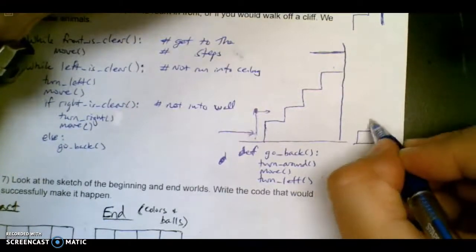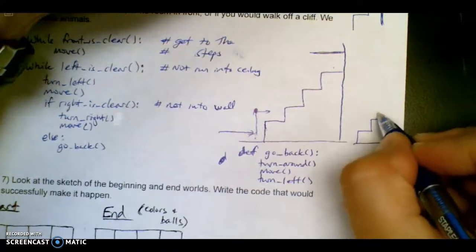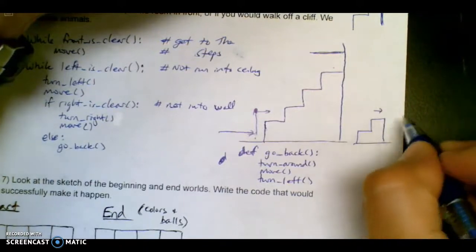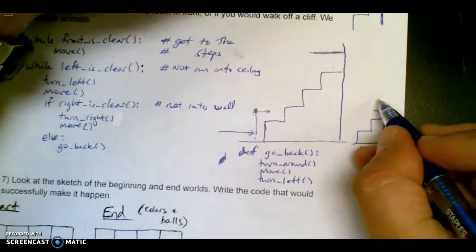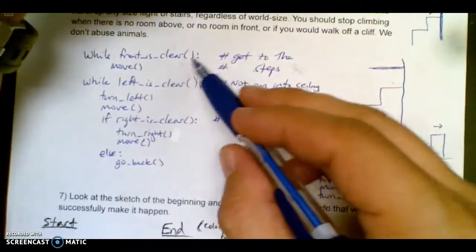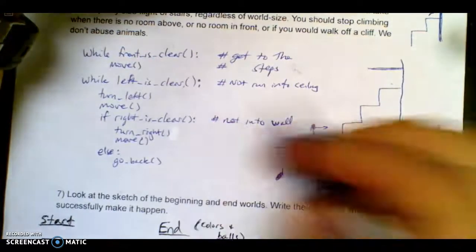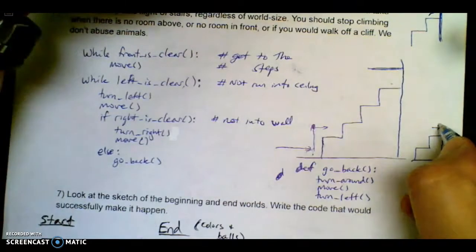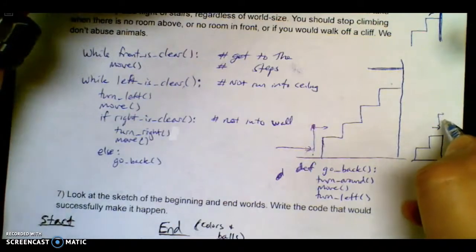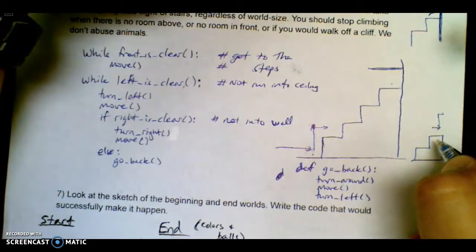So let's see what that looks like. So I draw these out. Okay, let's imagine Carol's up here. I'm facing this way. Here, the top is clear, so it would go through here. It would pass that. So you'd turn left and move. So I'd go up here, and then I'd look over. And then front is clear.